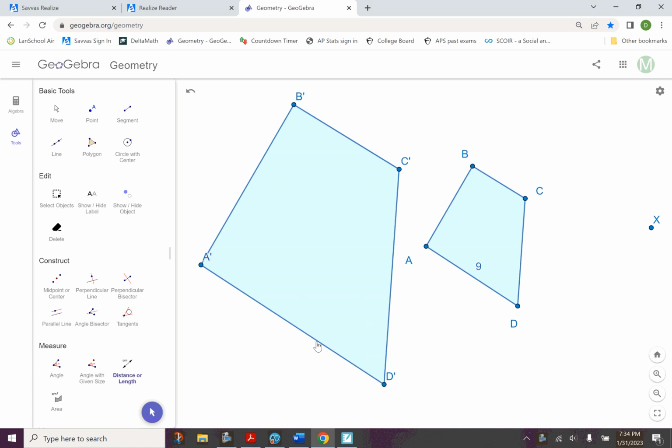Oh, cross your fingers, it didn't round it off wrong. It did. There, that looks better. If the length of AD is 9, the length of A prime D prime is 18 because I used a scale factor of 2.